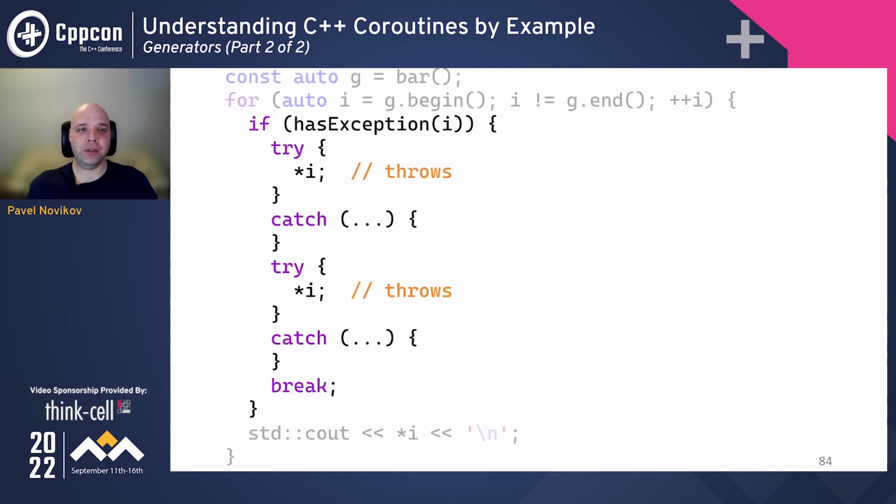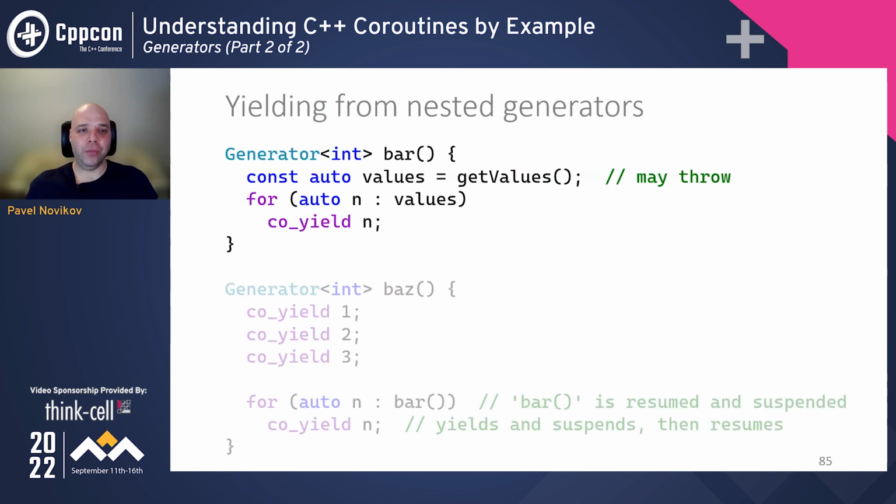So the consequence is that if the iterator is in the state of having an exception, every time we dereference that iterator, it throws an exception, but it's just a peculiar detail, a consequence of this kind of implementation.